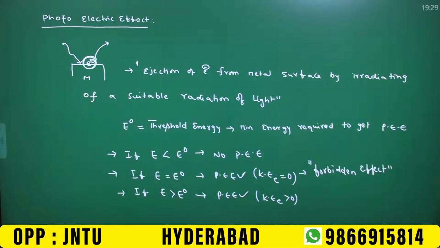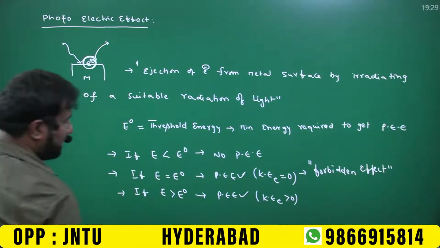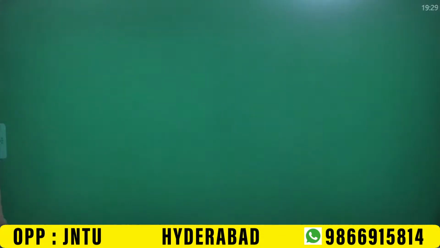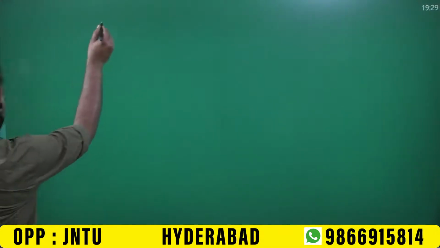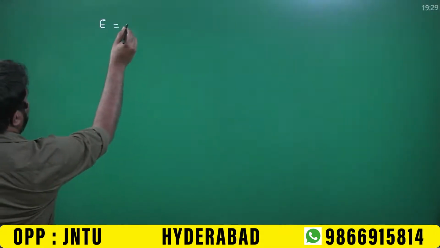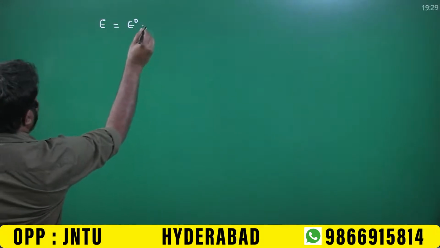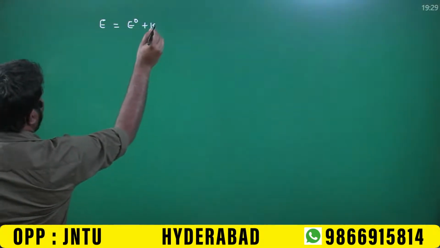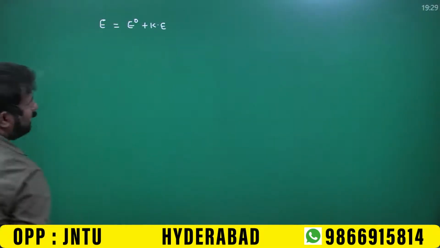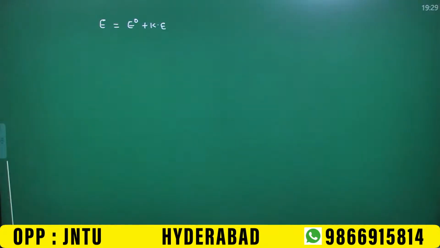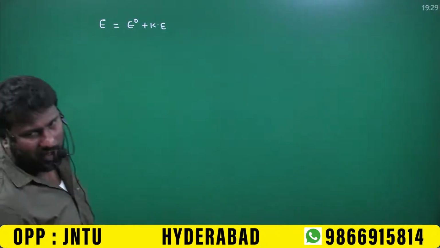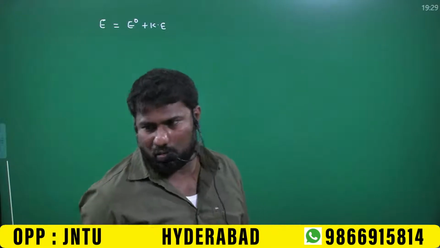Okay? Right, let's see once carefully. In case E is greater than E naught, what can we write? Energy irradiated equals threshold energy plus kinetic energy. As you know, E equals h nu.